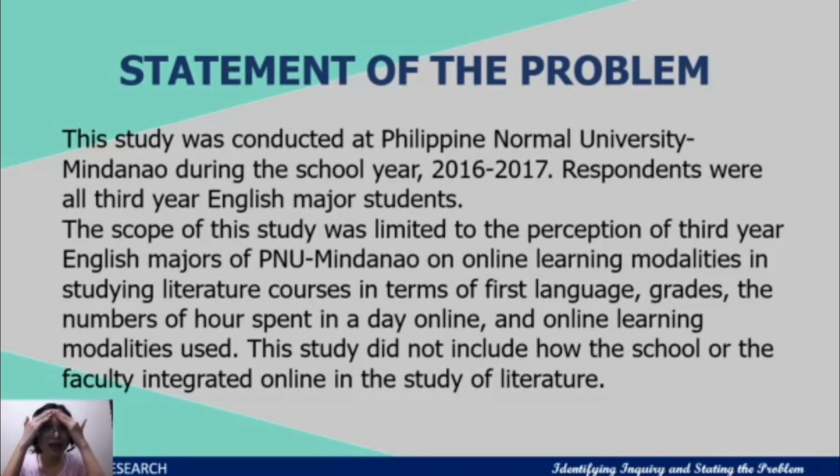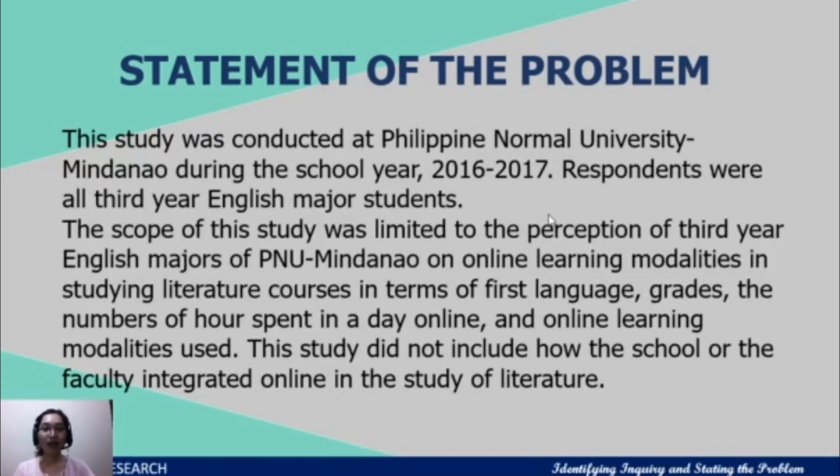Okay. So, para mas clear siya, this is an example of a statement of the problem. This study was conducted at Philippine Normal University Mindanao during the school year 2016-2017. So, first sentence pa lang, it already answers where did you conduct the study, where did you get the data of your study, and what is the time frame that you did the study.